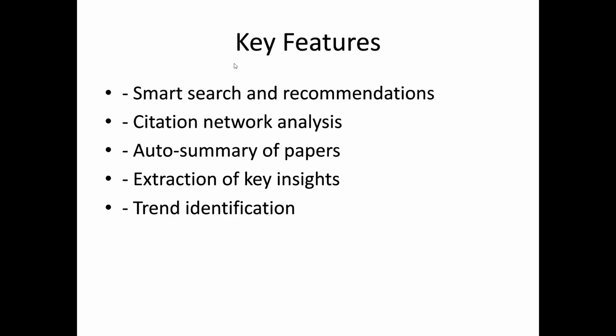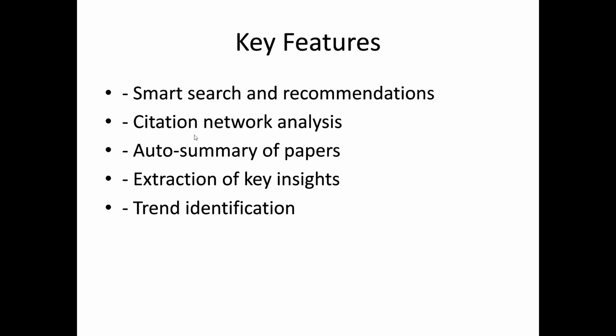Okay, so the key features. First, this smart research, and when I say research or search, typically I use these two words interchangeably. So the search means that you just try to get an item. The research, you actually search it and you analyze it. Okay. So you will do this kind of smart research recommendation for you.